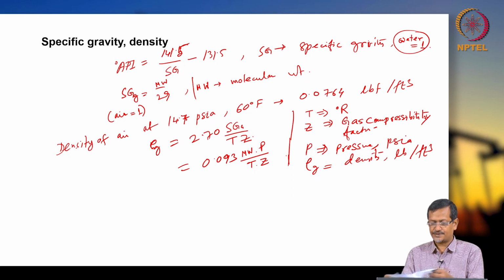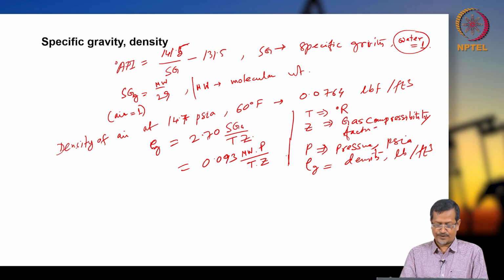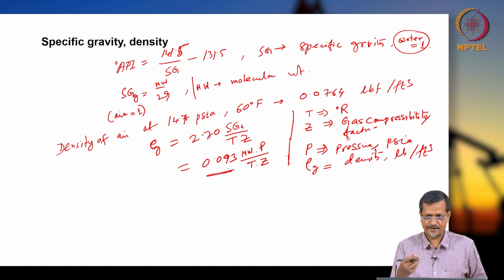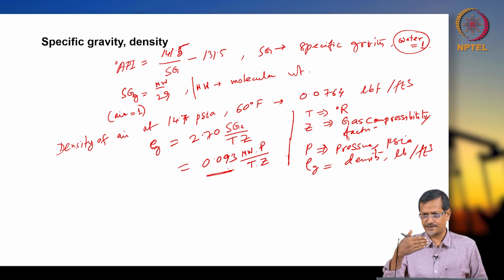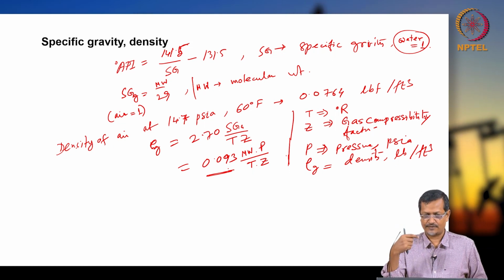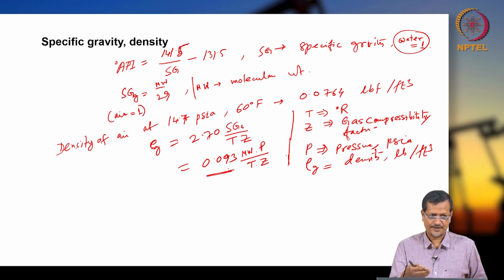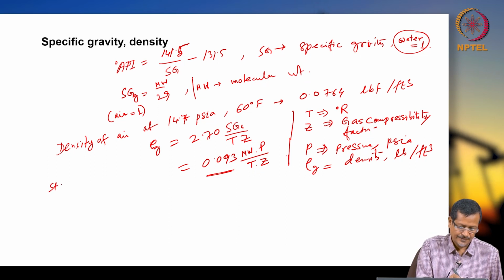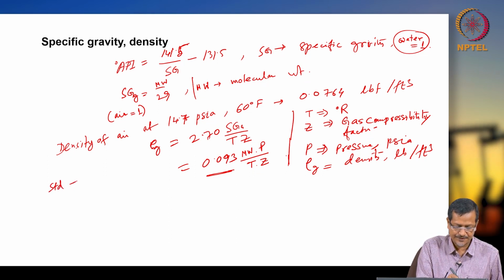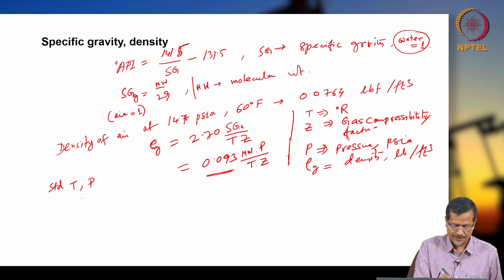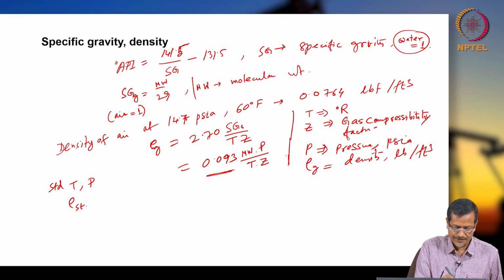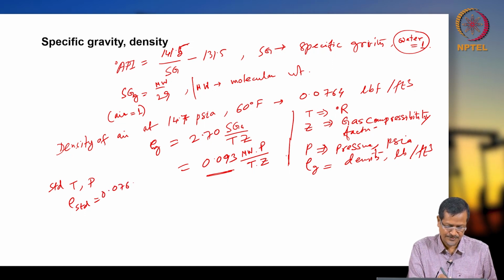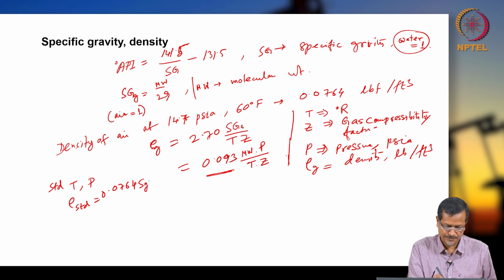We will see how to get 0.093 MW, because remembering these constants is difficult, but if you remember the derivation procedure, you can derive it if you forget the constant. At standard temperature and pressure, the standard condition density will be 0.0764 times specific gravity of gas.